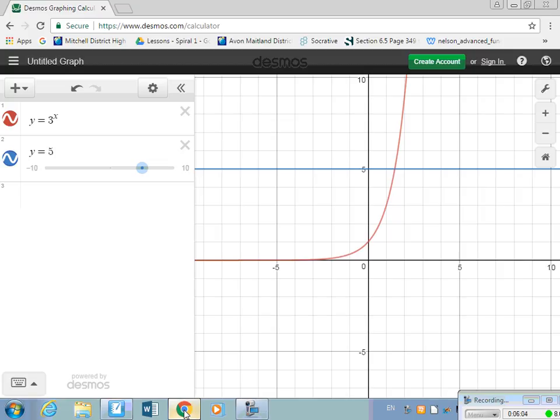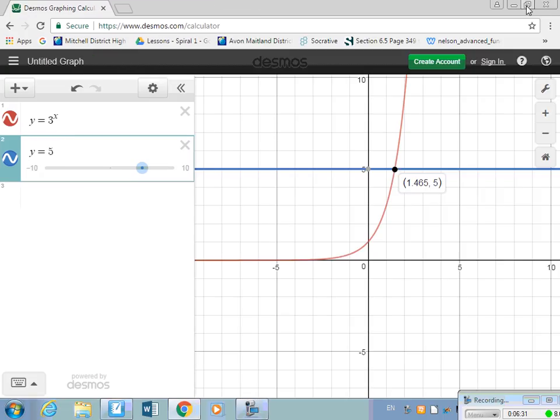So all you have to do, depending on what you're using, is, if I was using my computer, I'd take my cursor and just touch where they intersect. It automatically gives you where they intersect, and if you notice, it gives us a point. The point it gives us is 1.465 and the number 5.